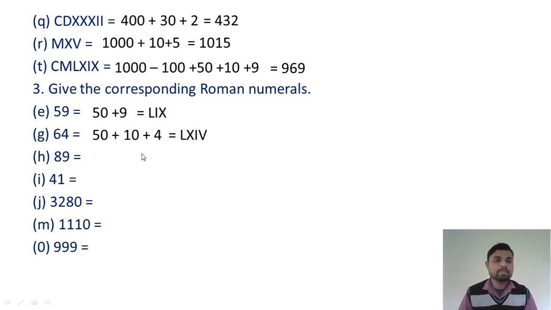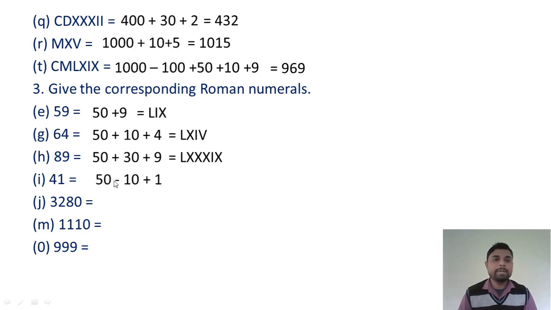Okay. 89. So how can we write 50 plus 30 plus 9? 50 means L, 30 means XXX, 9 means IX. Okay. 41. So dear students, can we write 10 plus 10 plus 10 plus 10? No, you cannot write X four times. Okay, so how will we do it?